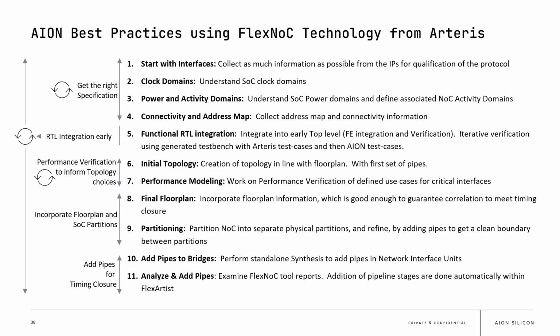So have your NoC divided into separate partitions if required, and add pipes to get a clean boundary between the partitions. And then lastly, you want to add pipes for timing closure. So you add pipes to bridges to meet timing on your NIUs, and then you add pipes to the transport network.